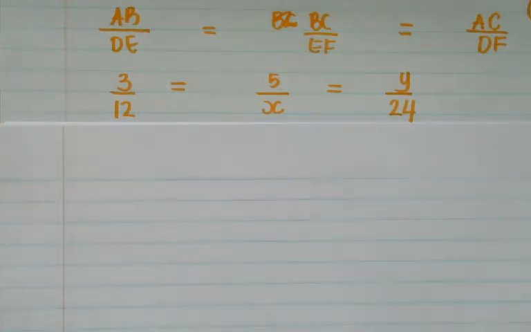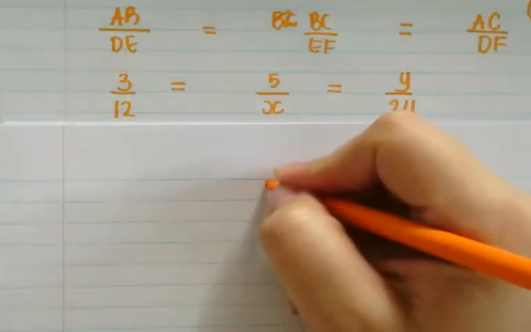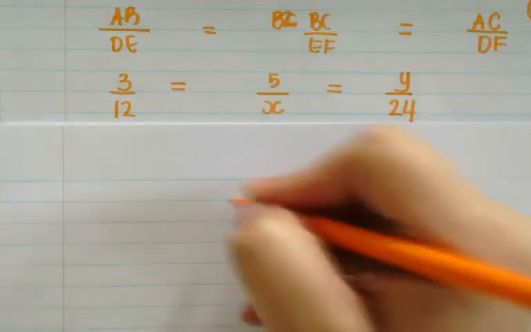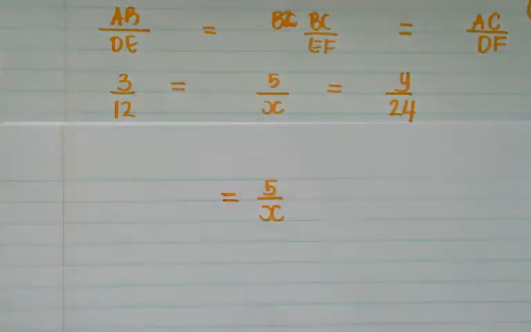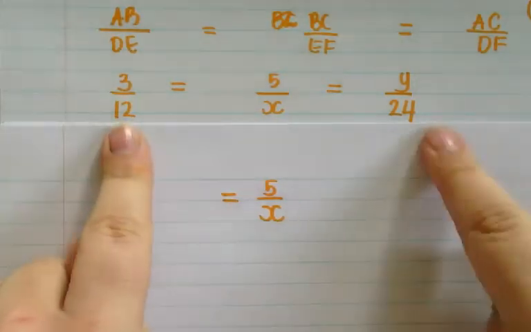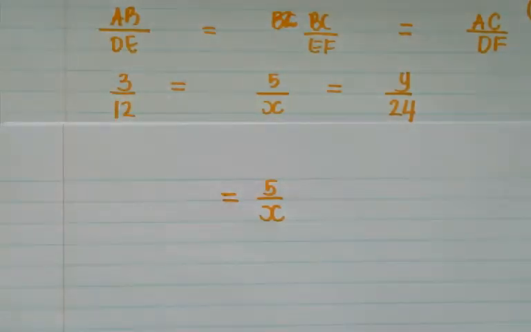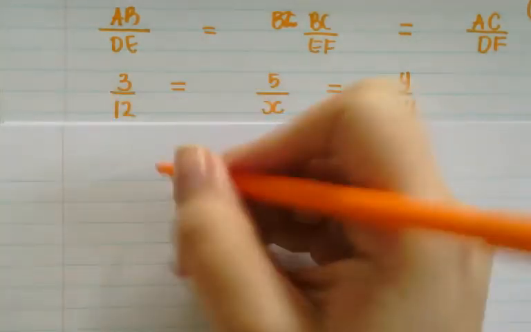If I want to solve for x, I obviously need to use the 5 over x, so that I can actually solve for x. Now I need a second fraction. Which fraction am I going to use, the first one or the last one? Why not the last one? It also has another thing missing. I can only solve when one thing is missing. So perfect, I will use the first one.